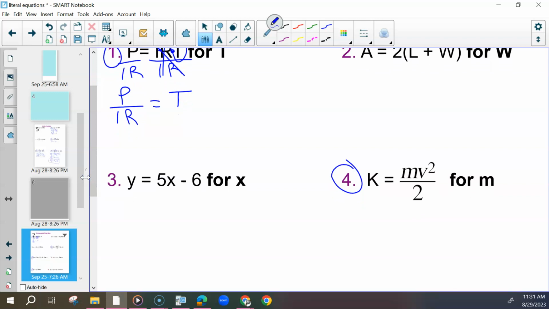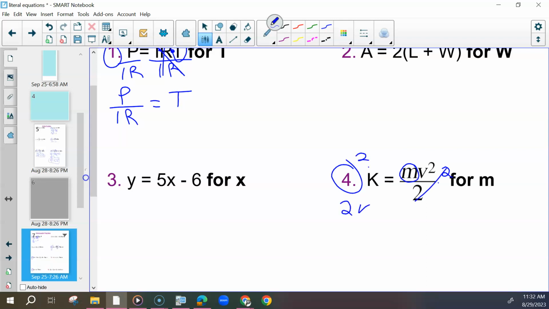Or we have to get M by itself. So think about some of the others we had to do. We have to get rid of the 2 and the v squared. Which one are we getting rid of first? We're going to get rid of that by multiplying, just as we have done before.